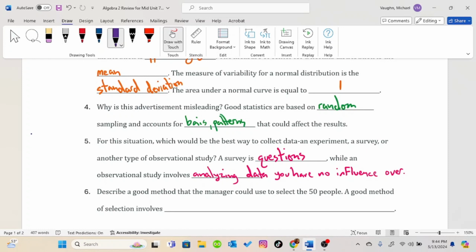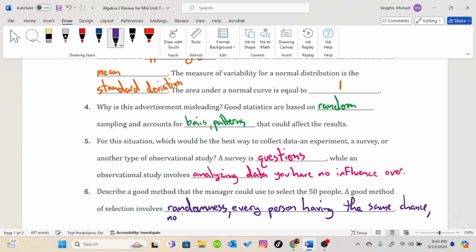When you're trying to answer this one, remember a good method of selection involves randomness and every person having the same chance, no bias, and no patterns.